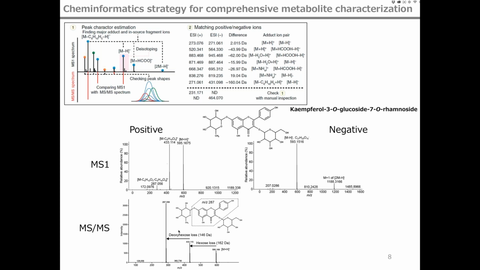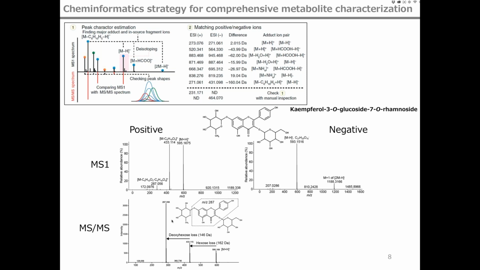For example, this is the MS/MS spectrum of this metabolite in positive ion mode, and you can see the simple neutral losses showing hexose and deoxyhexose moieties like this.